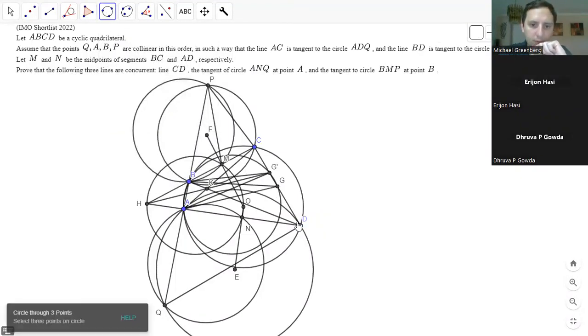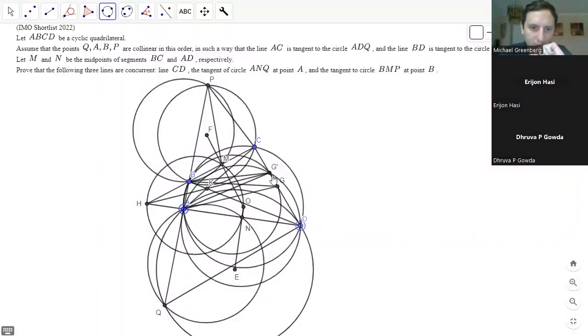So let me try this. So BCD is similar to QAD. Wait, if G prime BC is... okay, never mind.